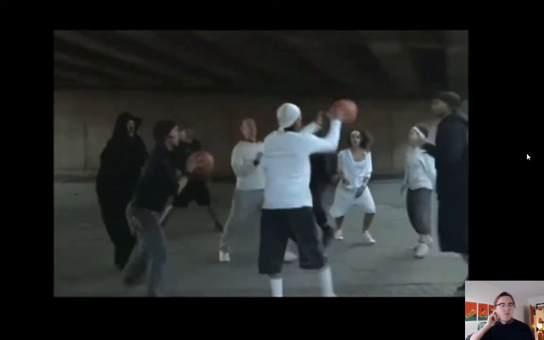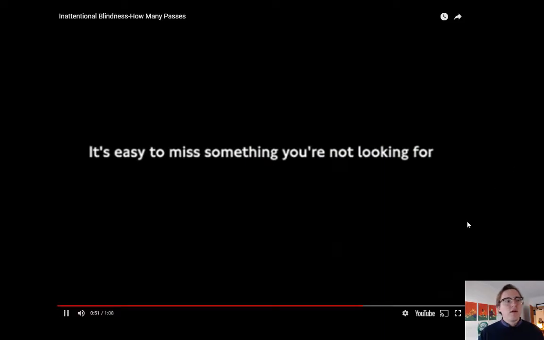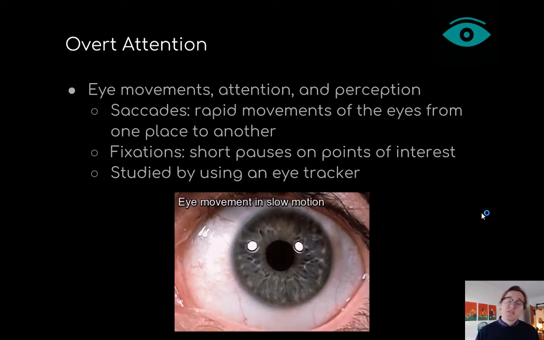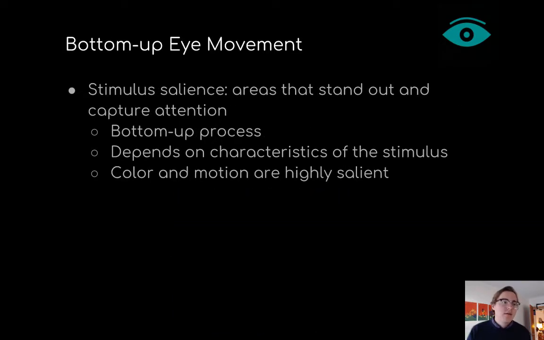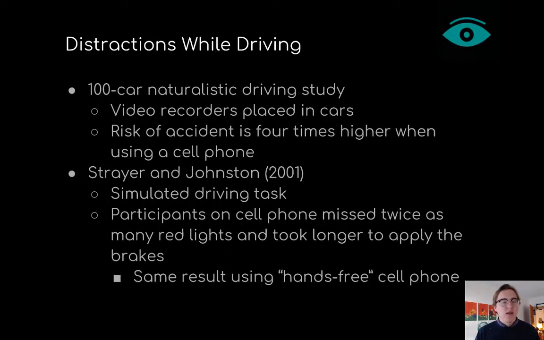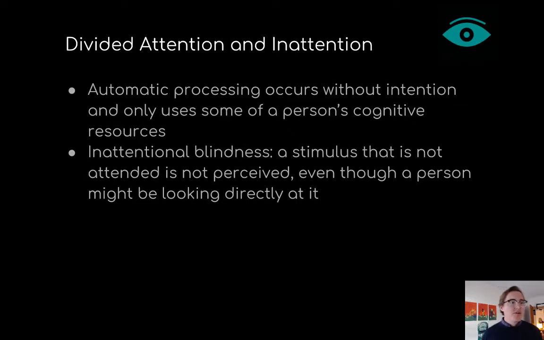So this is a really simple demonstration of inattentional blindness. That's actually an ad done by a government organization talking about inattentional blindness and basically how you can be looking at something and not notice it.